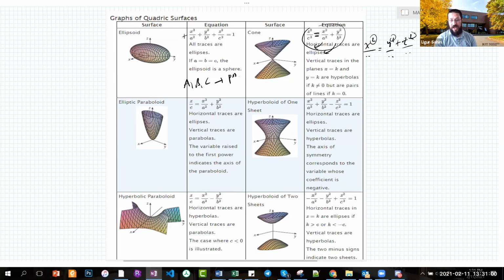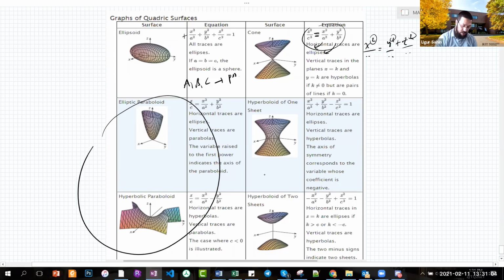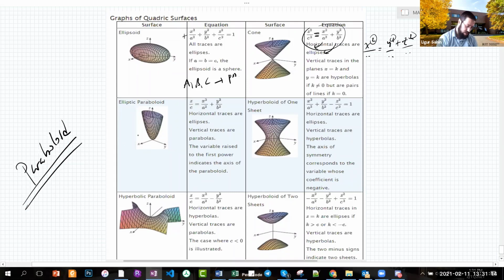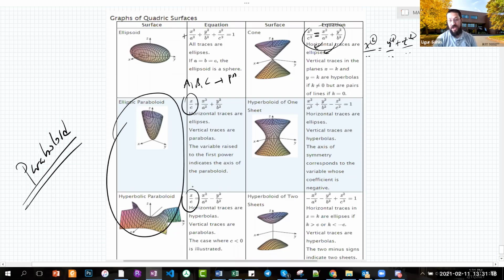Now, this is the cone and an ellipsoid. Now I want you to look at it in this way. This part, these are the paraboloids. What is the common thing in paraboloids? If you look at the paraboloid equation, they include a term without a square.